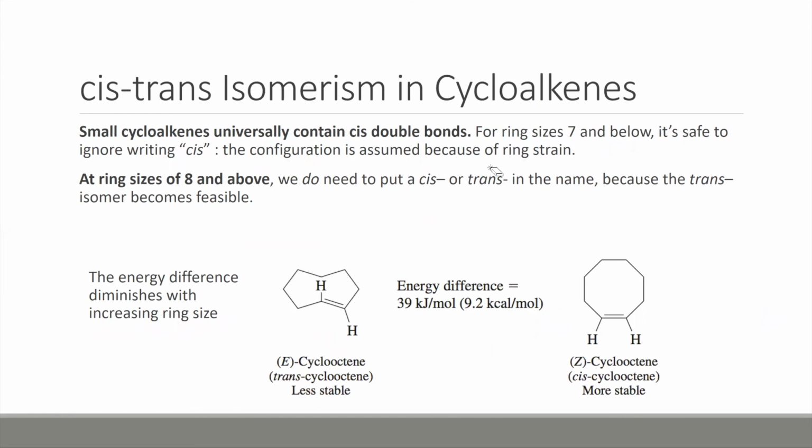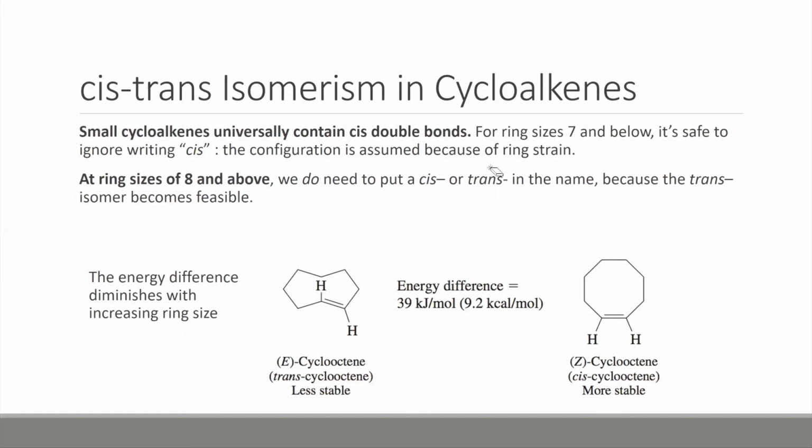Small rings in general are so small that universally they contain cis double bonds. They just can't rotate in a way. It causes so much strain if they were to have a trans double bond in a ring. So for ring sizes 7 and below, it's safe to just ignore writing any conformation and just assume that it is a cis double bond because of the ring strain.